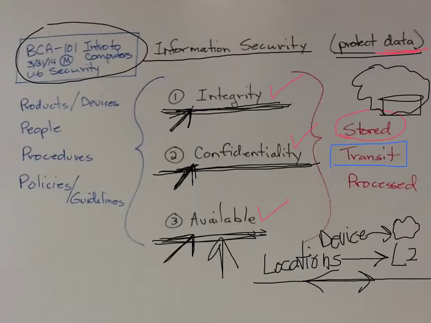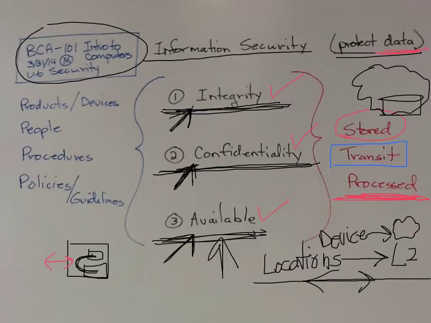The last one might be a little bit more difficult to understand, when it's being processed, more or less when it's being processed within the computer. You have a computer system and the processor is processing this data that's in RAM. People can design software that can grab it while it's being processed.